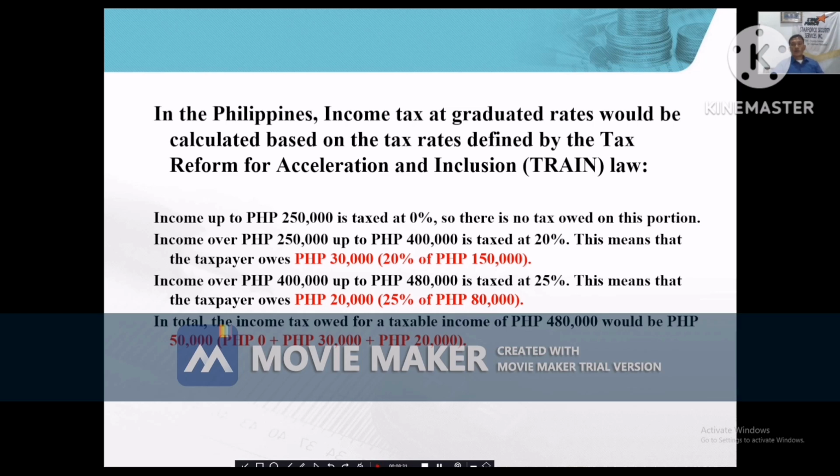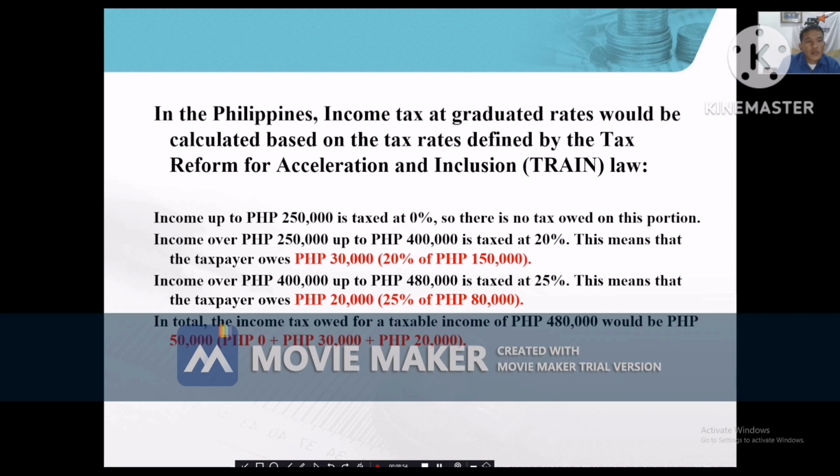So, ano ba sinasabi sa TRAIN law? Okay? So, sabi na, income up to 250,000 is taxed at 0%. So, doon sa 480,000 kanina, no? Yung income up to 250,000, walang tax. Okay?